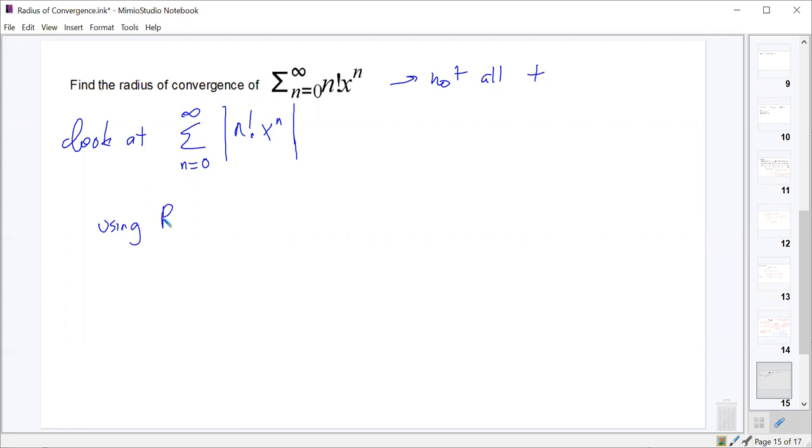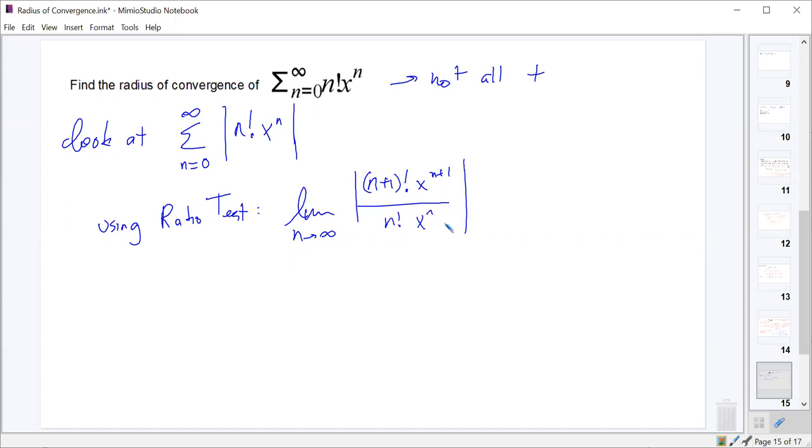Using our ratio test, we are now looking at the limit as n approaches infinity of the absolute value of n plus 1 factorial x to the n plus 1 over n factorial x to the n.